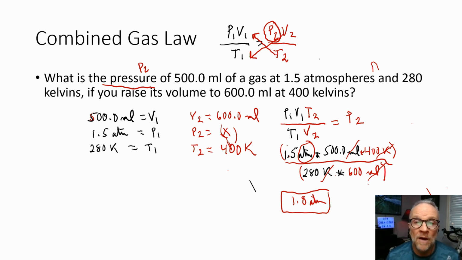We'll combine Avogadro's law with the gas laws that we've already covered to make what we call the ideal gas law formula. In this formula, you can change masses of gases into liters of gases, and you can also work some stoichiometric problems under non-standard conditions. We will do that in the next video.